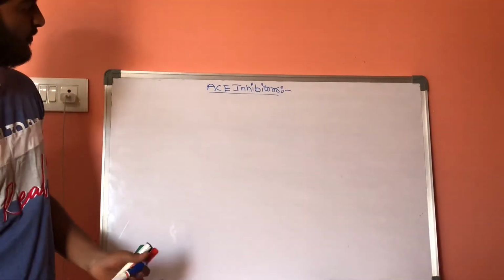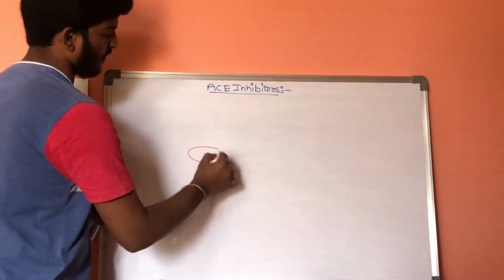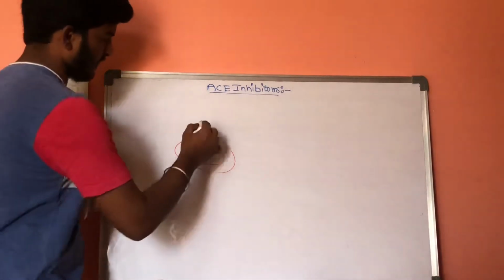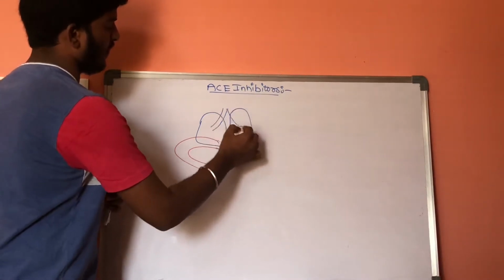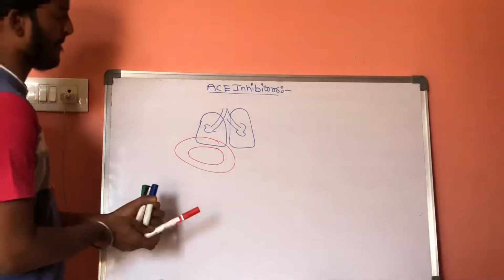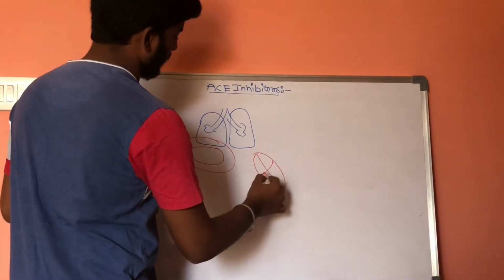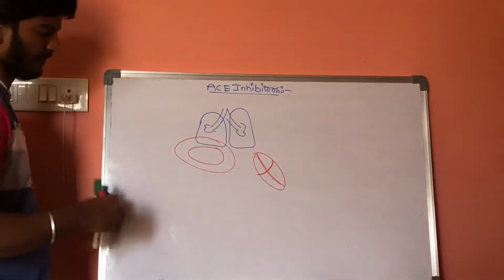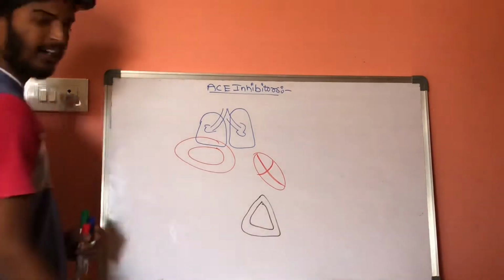Now let us consider this is our circulatory system, and these are our lungs, and this is our heart, and this is our adrenal gland.